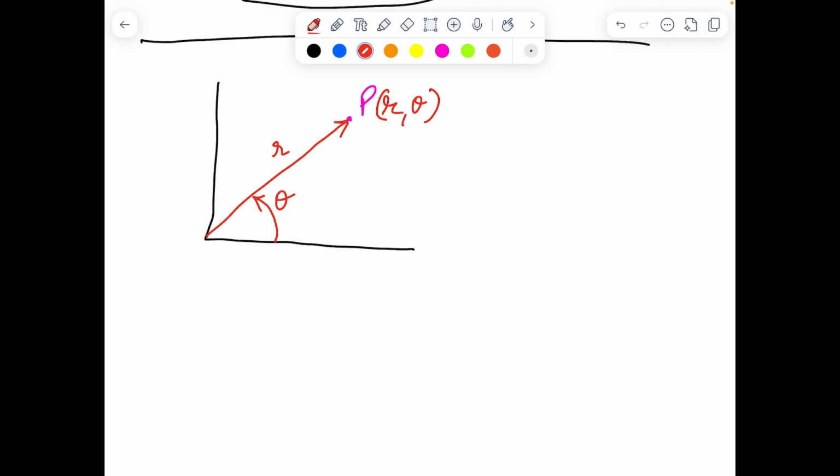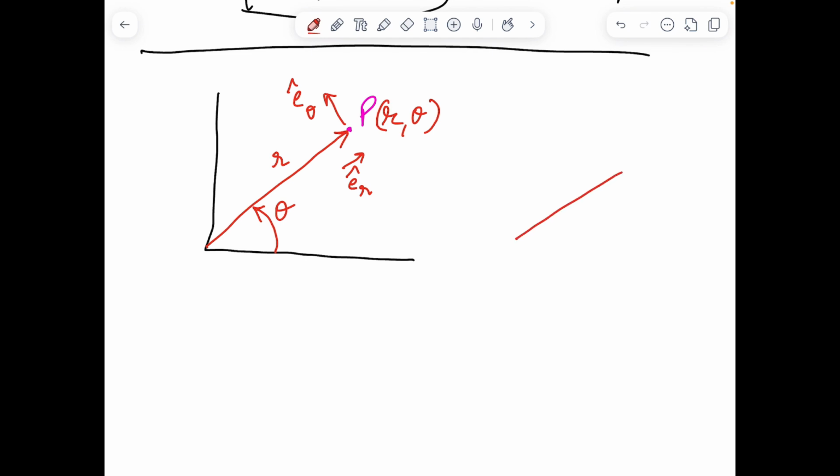And we have over here the unit vectors. We have the radial unit vector, that's e_r cap. It's always pointing in the radial direction, and of course it changes as the point P moves. And we have e_theta cap, always perpendicular and anti-clockwise from e_r cap.